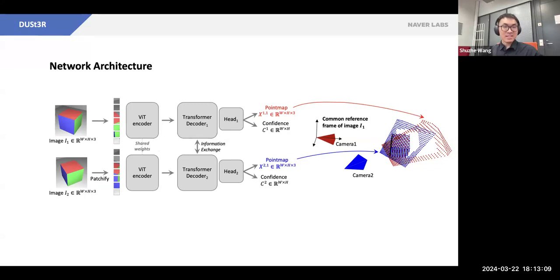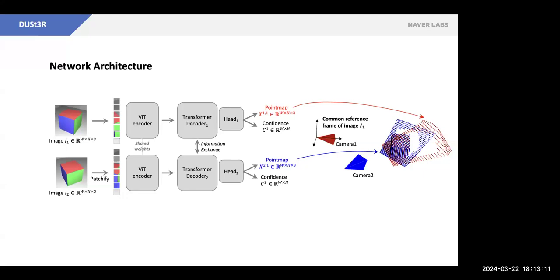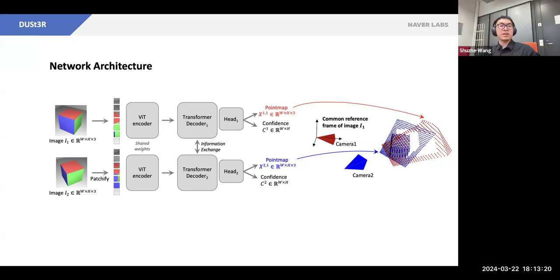For point map, you mean that you have a point cloud representation of the images? Yeah, it's a very dense correspondence: for each pixel in the image we have the corresponding 3D point.